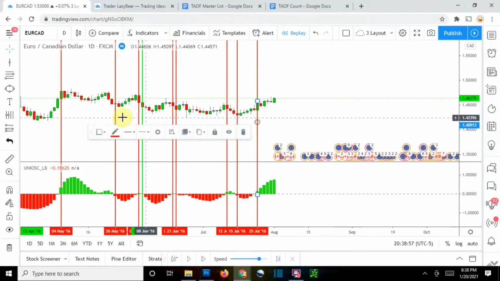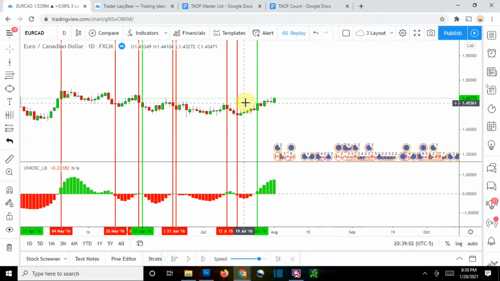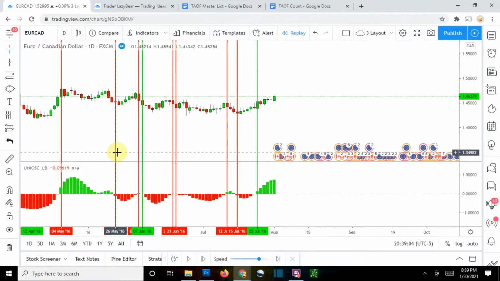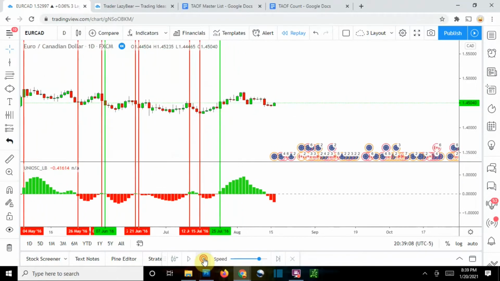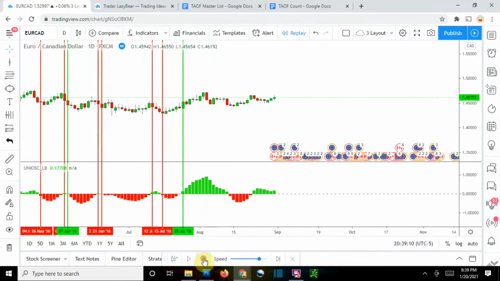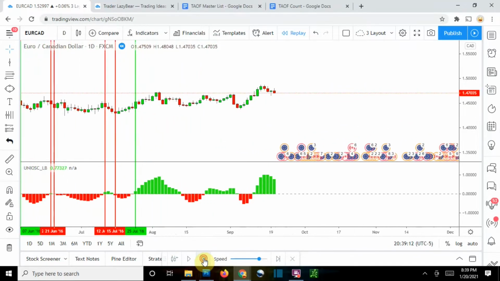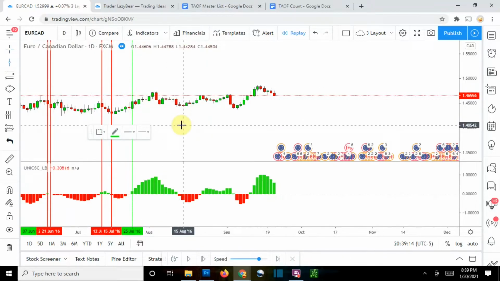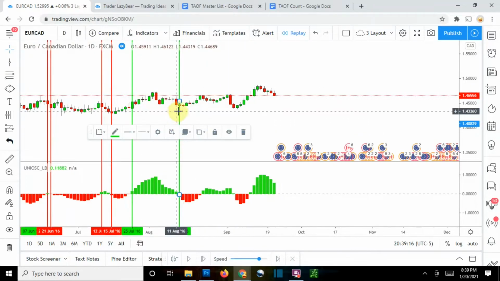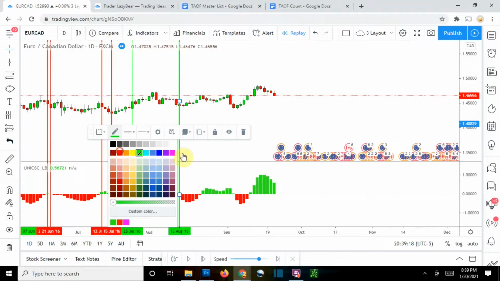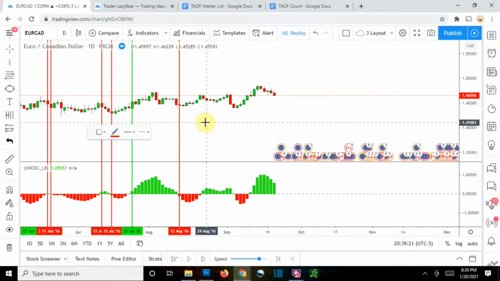And we finally pick ourselves up a long signal right here, which gets us to take profit. It takes us a minute, but we eventually get another winning trade. And so it appears that we are going to have a timing issue with this indicator.